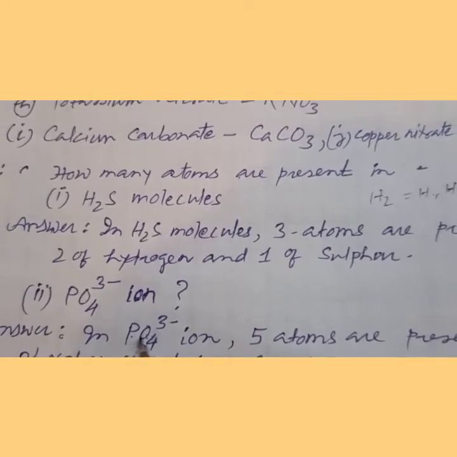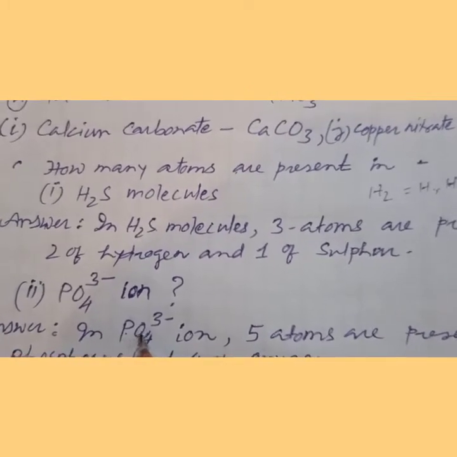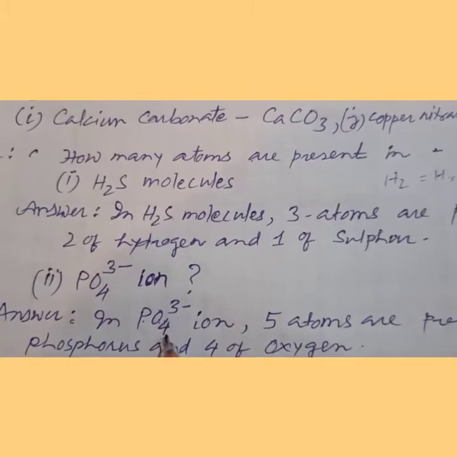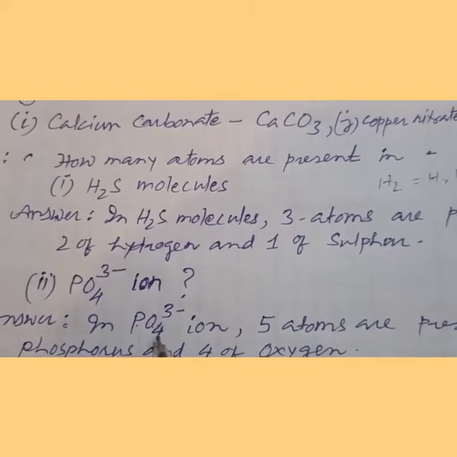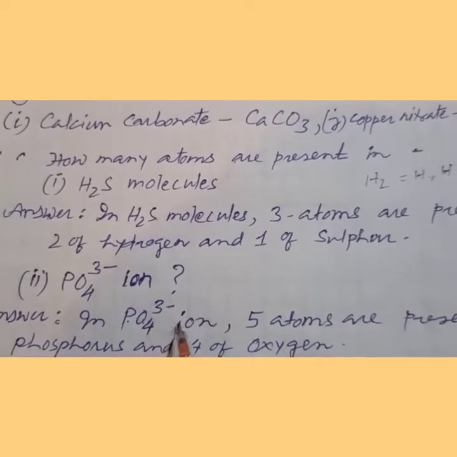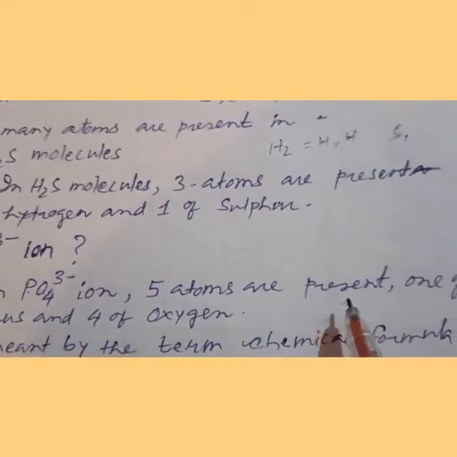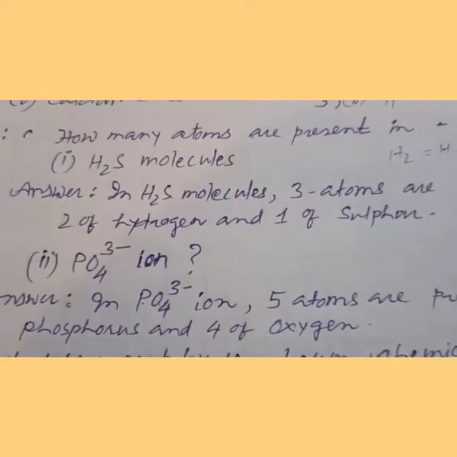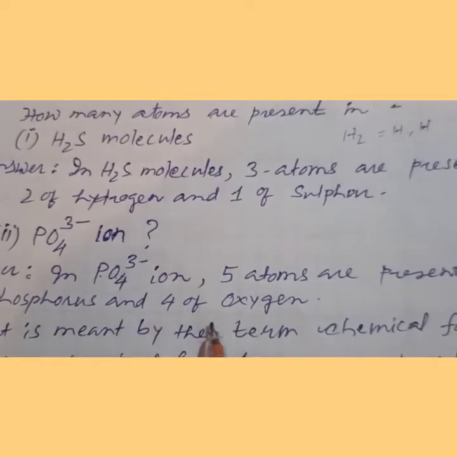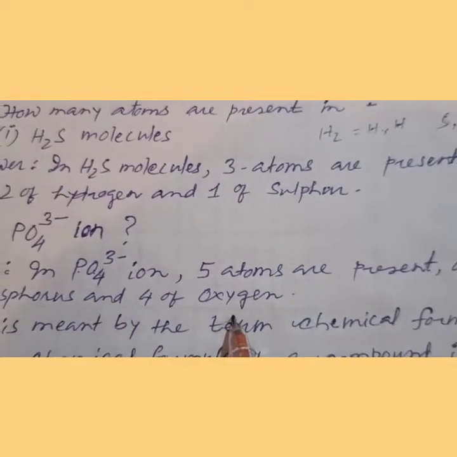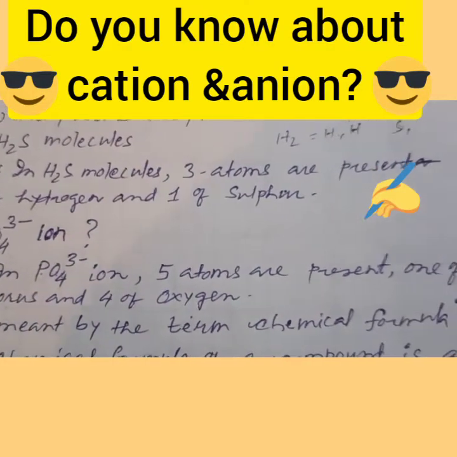Altogether 1P plus 4O equals 5, altogether 5, okay. So you write, in a PO4 ion, 5 atoms are present, and 1 of them is P, phosphorus, and 4 of them are O, oxygen. So it is not a hard one.